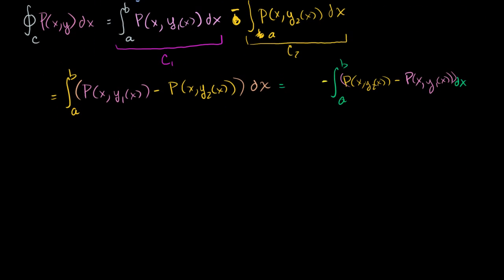And now the next step I'm going to do might look a little bit foreign to you, but I think you'll appreciate it. It might be obvious to you if you've recently done some double integrals.